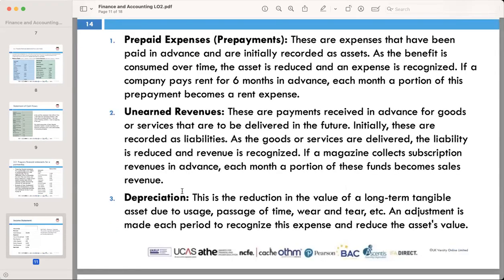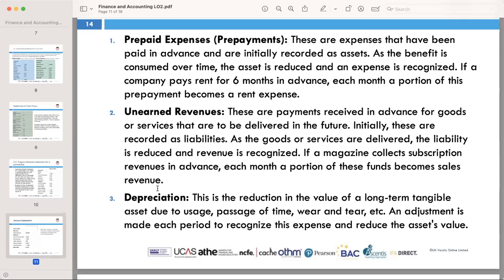As the company delivers the goods or services, we reduce the liability and recognize it as revenue. To better understand this, let's consider a magazine that collects subscription revenue in advance. Each month, a portion of these funds becomes sales revenue as the company provides the magazine to the subscriber.